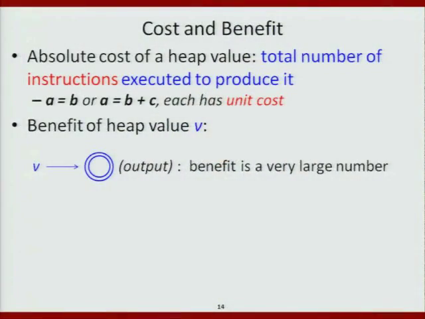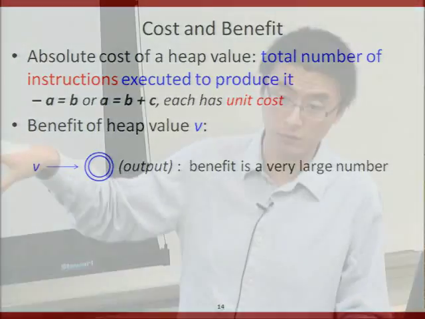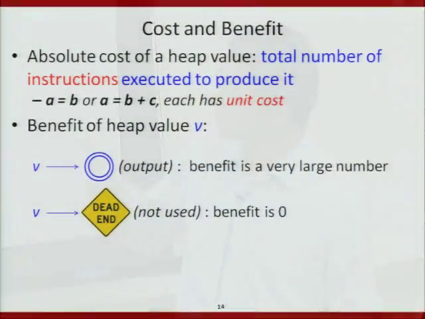Intuitively, the benefit of a value is defined as a very large number if this heap value goes to program output, like a socket or file system, because it's actually used for some purpose. Of course, the benefit is 0 if this heap value is never used.